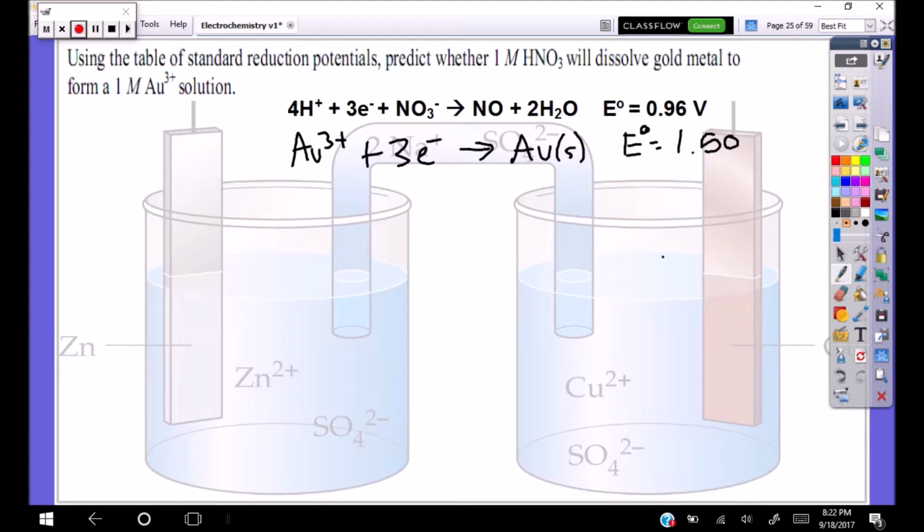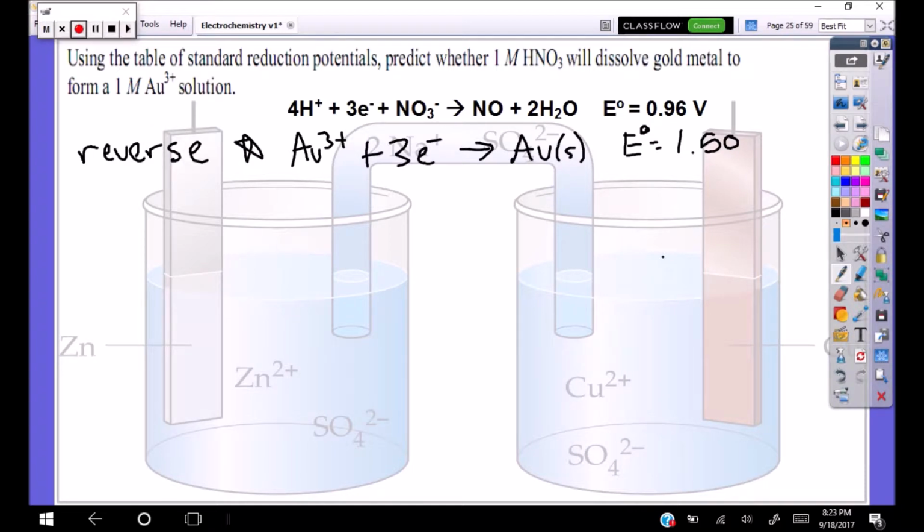But if we look at our second one here, you see that the gold ion is on the reactant side. But we don't want gold as a reactant, we want it as a product. We're trying to figure out, will this react in such a way with gold metal such that we get gold ions dissolved in a solution? Well, since these are on the wrong side, what we can do is we can reverse it.